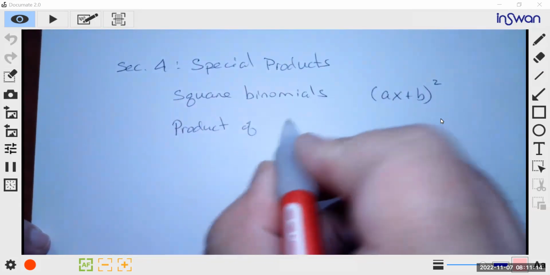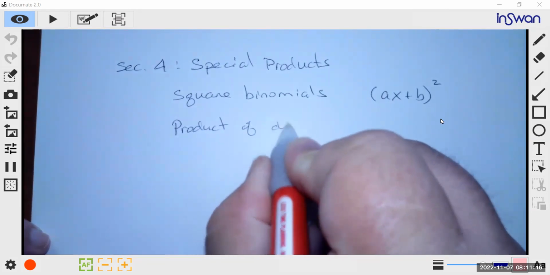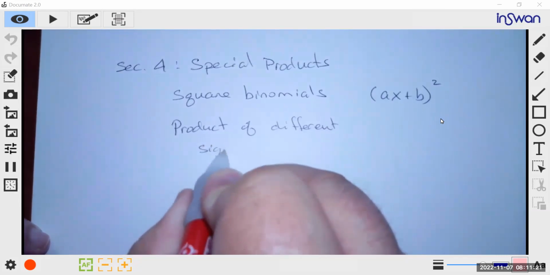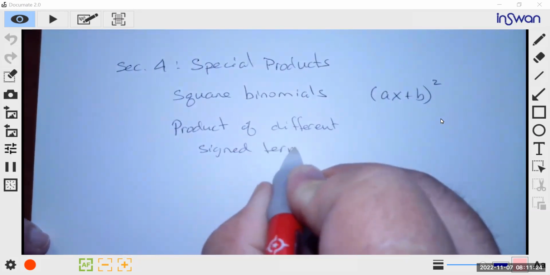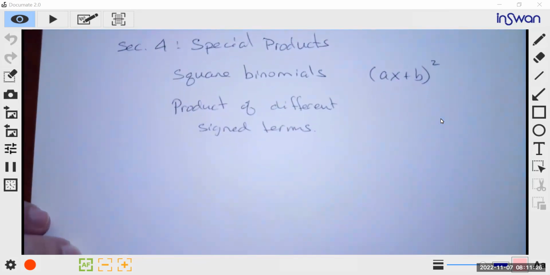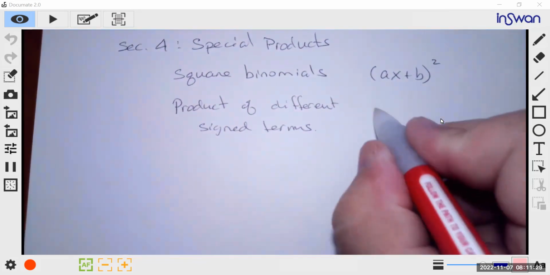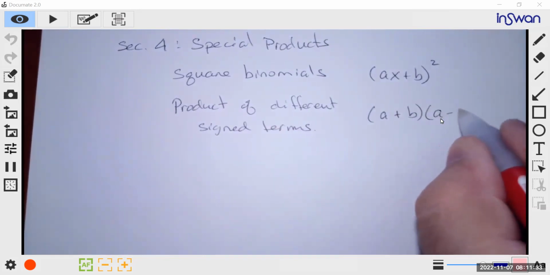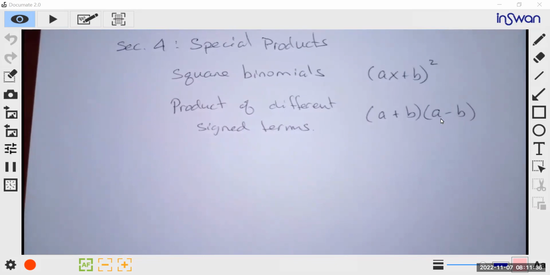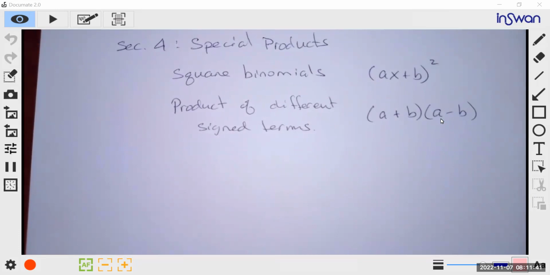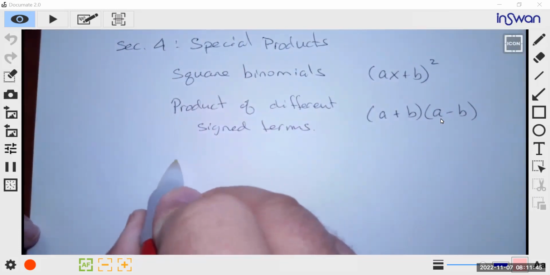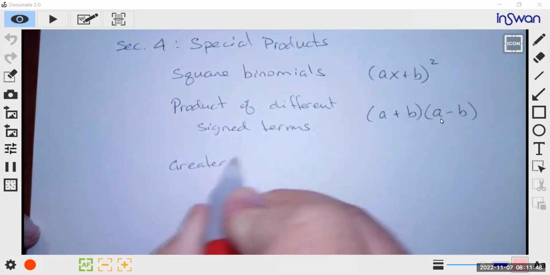Product of different signed terms. In other words, what happens if I have the same numbers, but the signs are different? What happens there? And then we'll look at greater exponents.